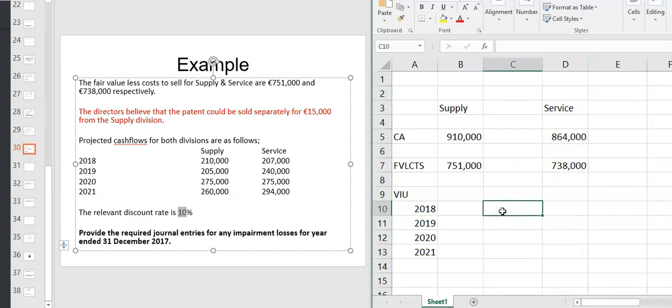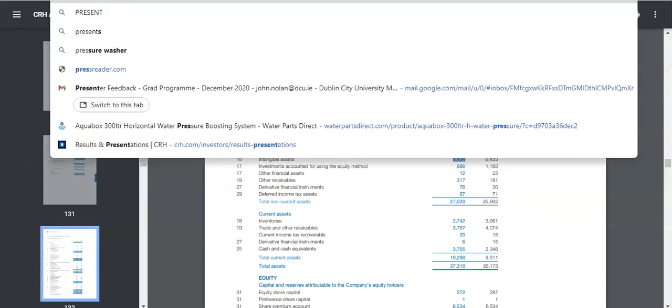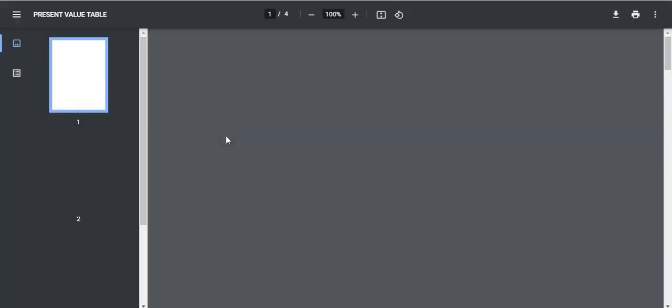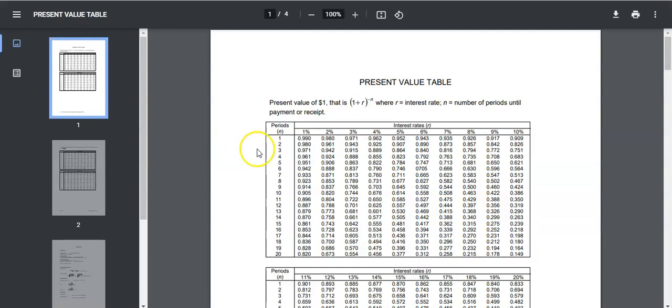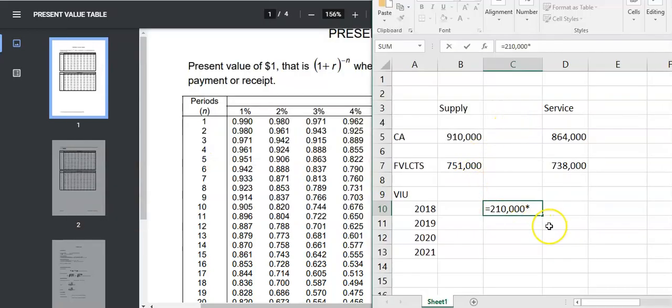In 2018, that's going to be 210,000, and I'm going to get the discount factor for that. We're going to use the discount factor tables. So I'm going to come here and say present value tables. Now, ideally, you might have these printed out so you're not searching for them on the day of the exam. I'll use the same tables that we used in the lecture, the live webinar. So we know we're looking for 1 year and 10%, which is 0.909.